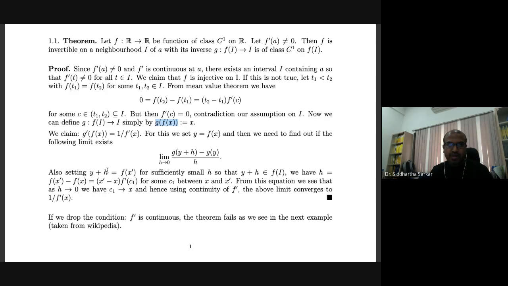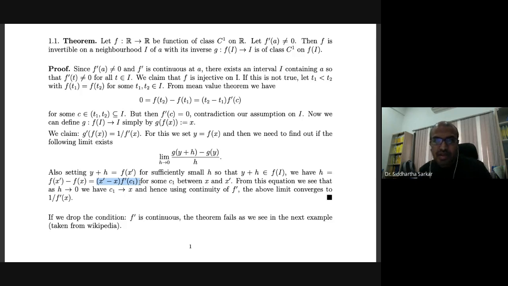Now in that case, h turns out to be f(x prime) minus f(x). So this limit actually becomes x prime minus x divided by, in the denominator, f(x prime) minus f(x). And then I can use again the mean value theorem, writing something like x prime minus x times f prime c1 for some c1 in between x and x prime.